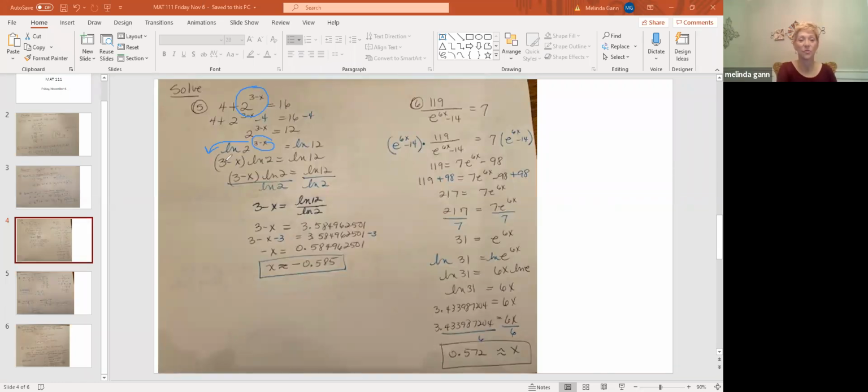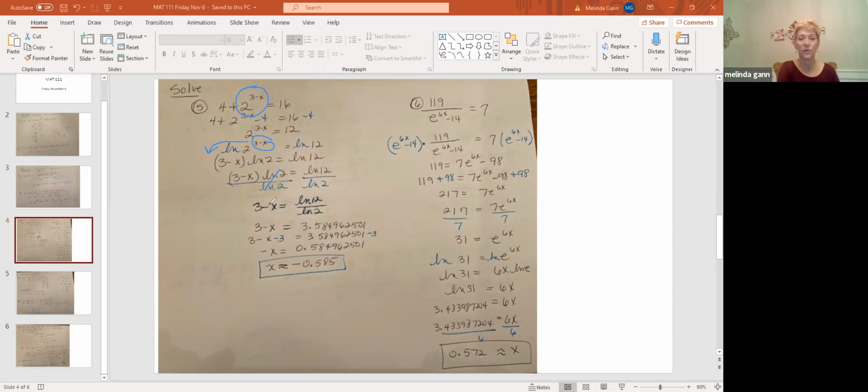I've got to get rid of this 3, and I've got to get rid of this natural log. Well, this is in a parenthesis, so the natural log is easier to get rid of first. Remember, that means to multiply, and we undo multiplication by division. So that's why I divided both sides by the natural log of 2. So those go out and leaves me 3 minus x. And I've got the natural log of 12 divided by the natural log of 2.